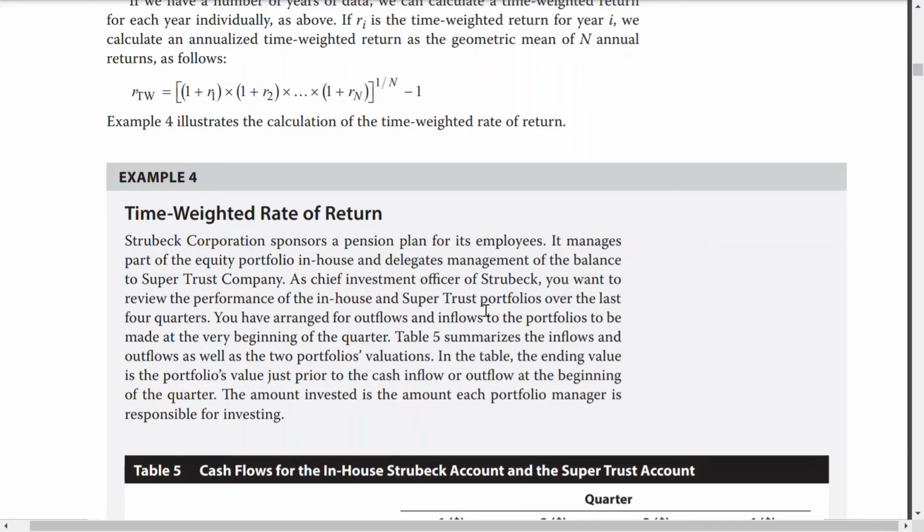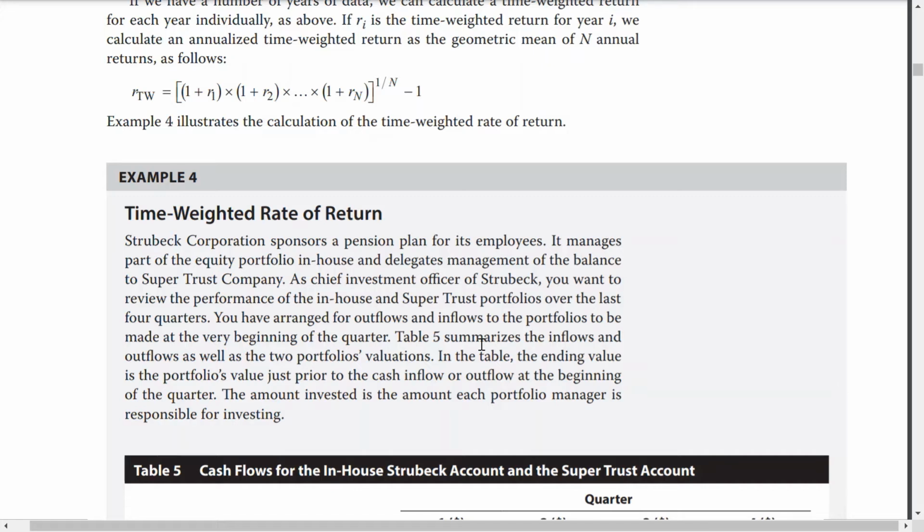Stubeck Corporation sponsors a pension plan for its employees. It manages parts of the equity portfolio in-house and delegates the remainder to a super trust company. As Chief Investment Officer of Stubeck, you want to review the performance of the in-house and super trust portfolios over the last 4 quarters.